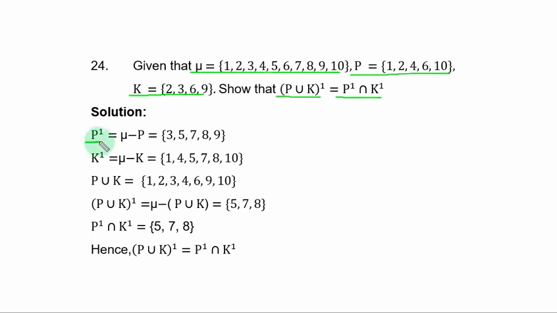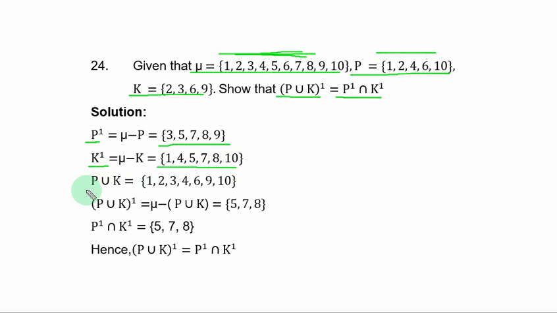P complement is the set that has every element in the universal set but not present in set P. In other words, if you remove all the elements in set P from the universal set, the remaining elements will form P complement. You have it in this form. Same with K complement. You have this result.